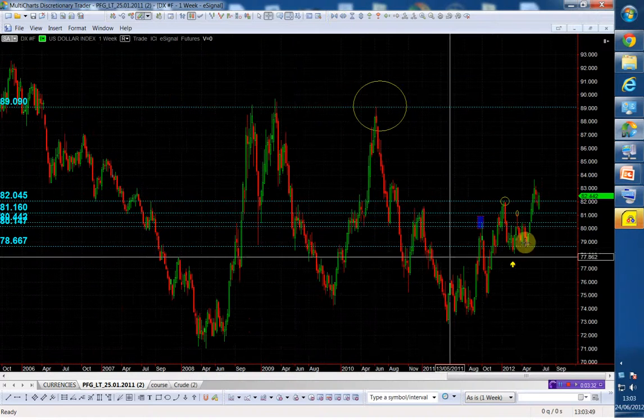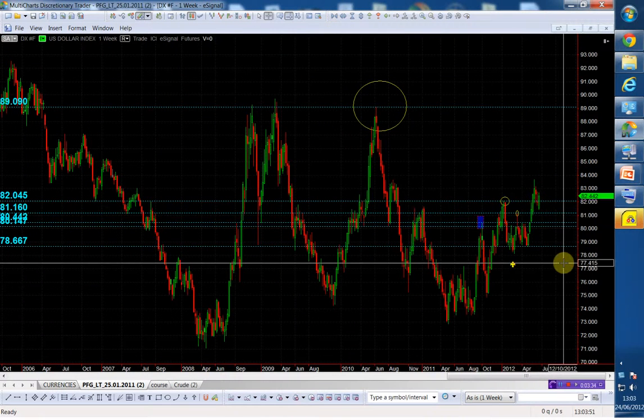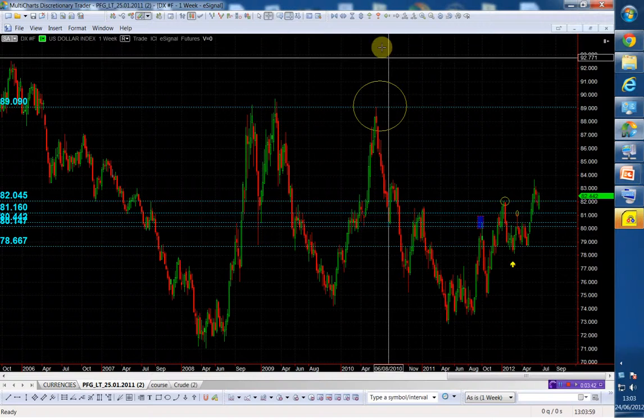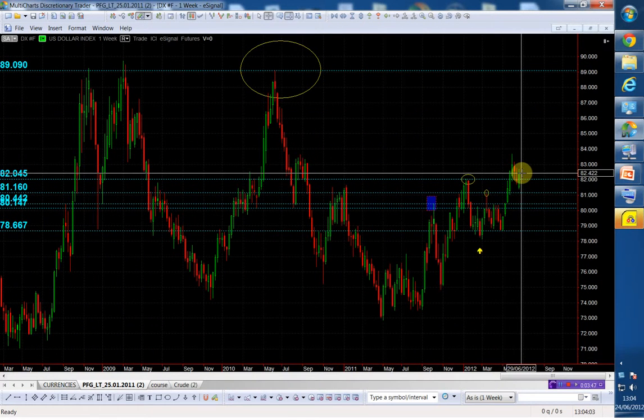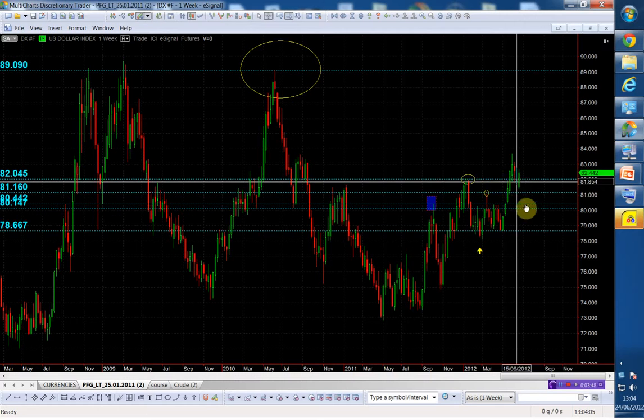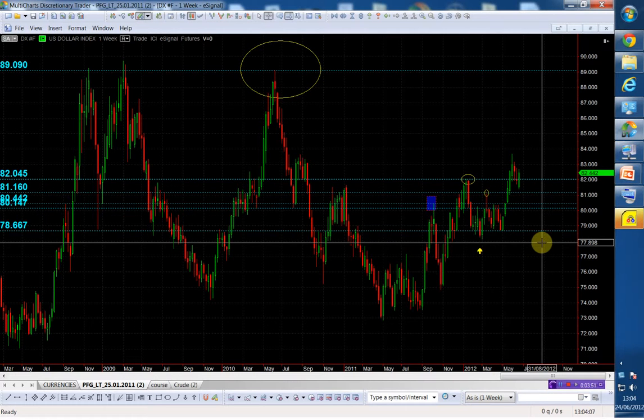If you look at the daily chart, on the weekly we had a very good close. We closed the week at 82.42, which is above the structural point. That is a very positive close. We have a normal close that shows how the market should close on a Friday.